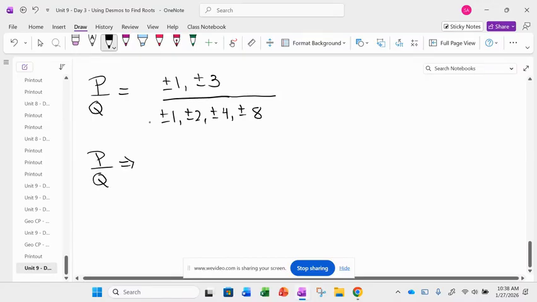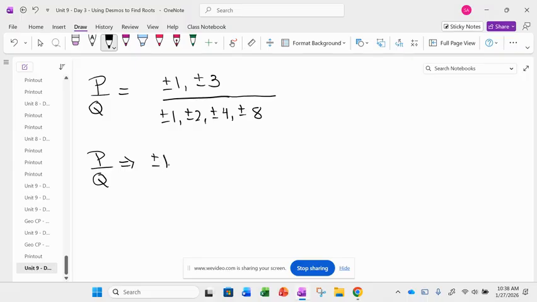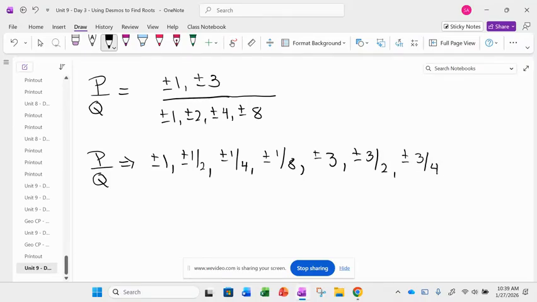And now we're going to pair every numerator with every denominator. So there is my complete list of possible rational roots.